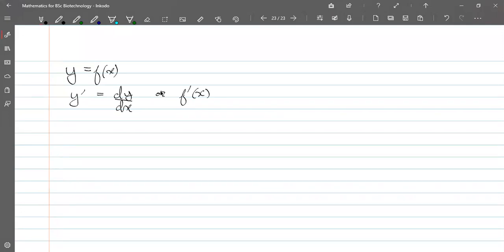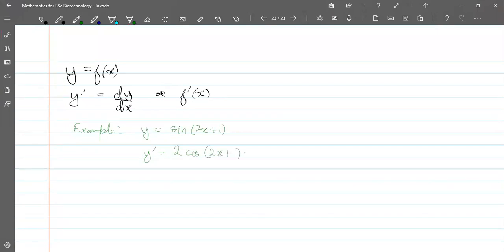Now we know that this y dash or dy by dx or f dash of x is also a function of x. So for example, say y is equal to sine of 2x plus 1, then y dash is equal to 2 cos 2x plus 1.